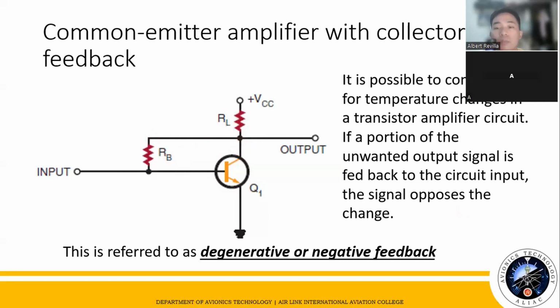So, okay, the current flowing to the resistor RB is determined by the voltage at the collector. So, nadidetermine daw siya dito sa voltage ng collector.